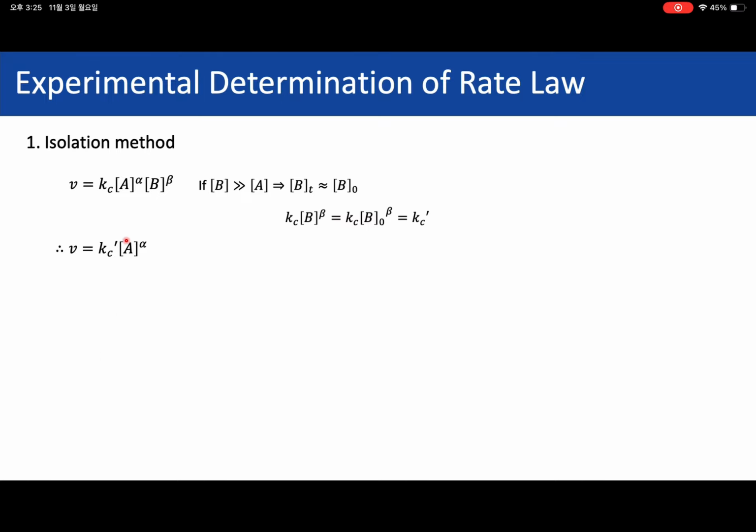Conversely, after we determine this alpha value, which is the power of the molar concentration of A, we can do a similar thing by increasing the initial concentration of A. Then in that case, A becomes constant, and we can express this rate law in terms of the concentration of B. Then we can estimate this beta value.